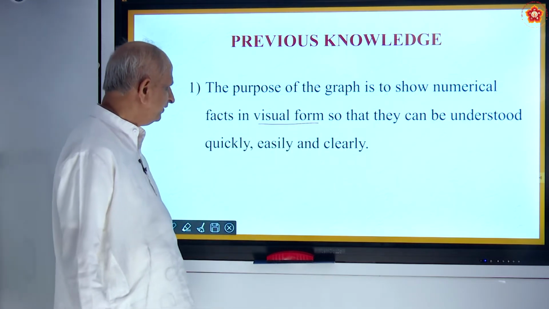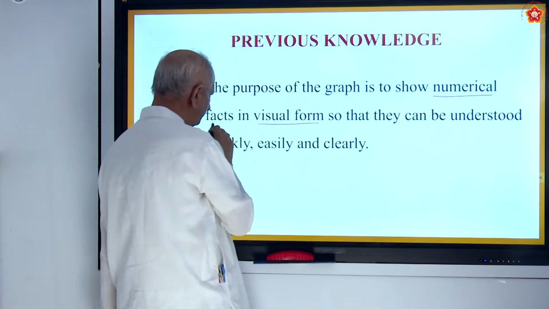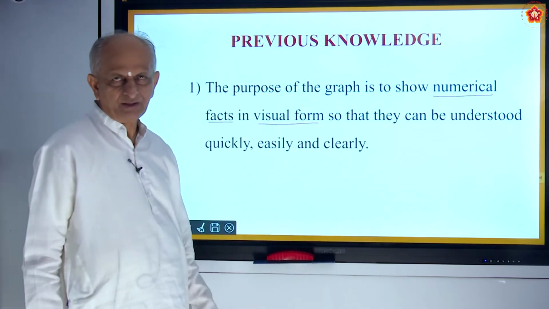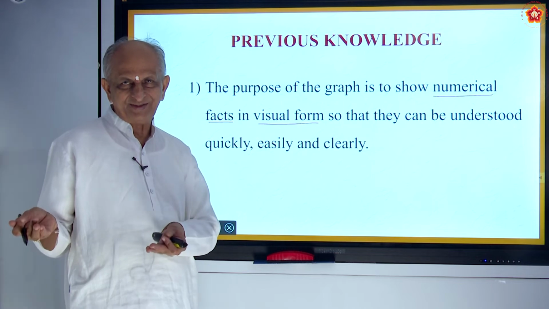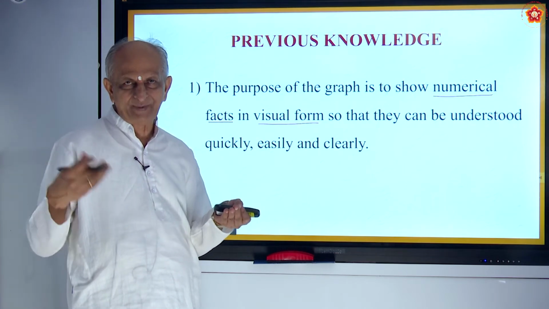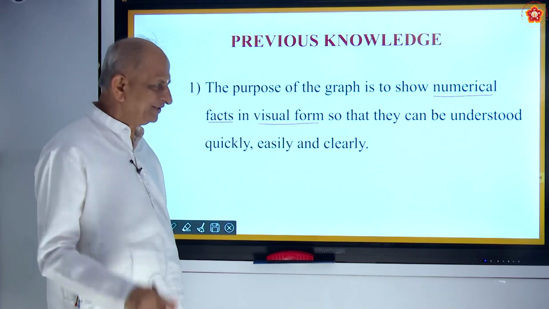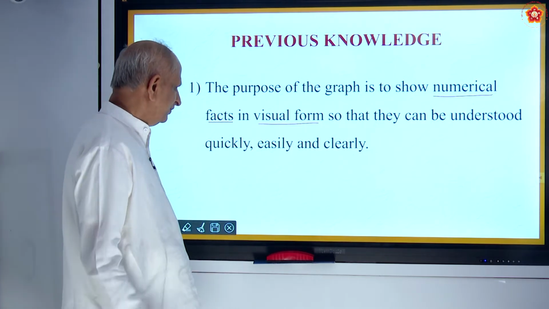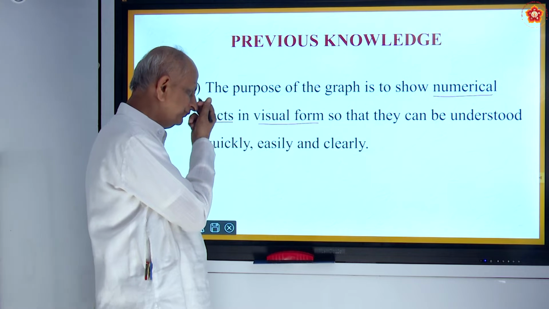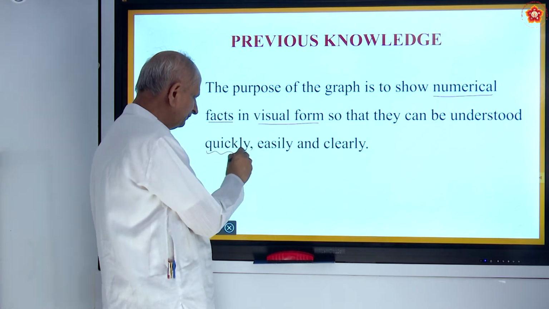What are you going to see? The numerical facts, say about the marks scored in a test, the cricket runs scored by a batsman, the bowling analysis, the temperatures and so on. We can see them in a visual form so that they can be understood quickly.